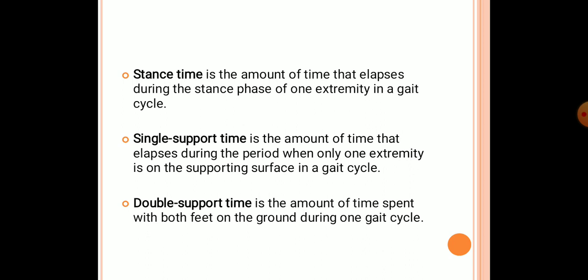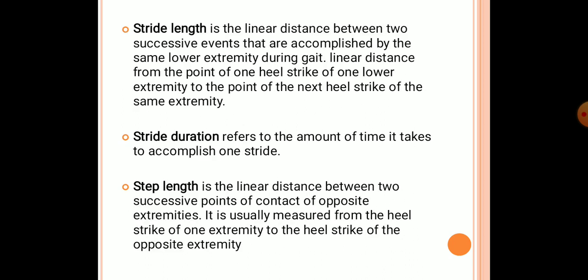So the aged population has a lower single support time and a higher double support time when we compare with a normal adult person.